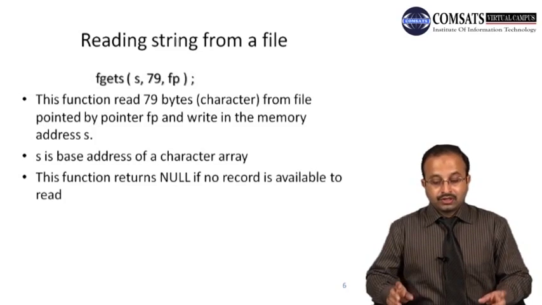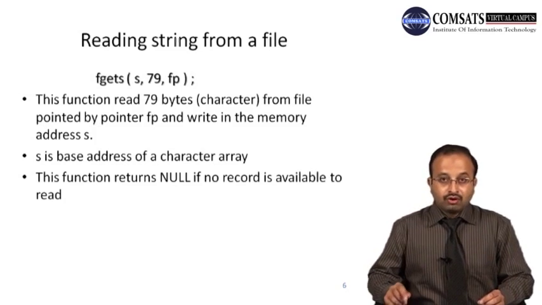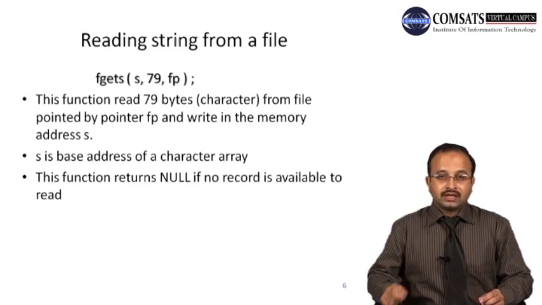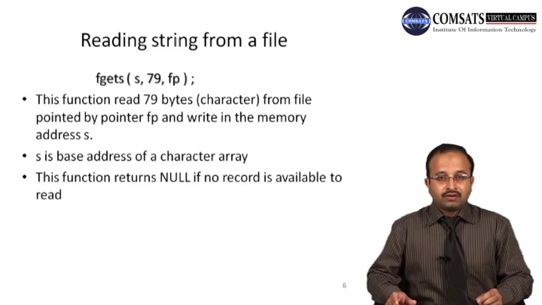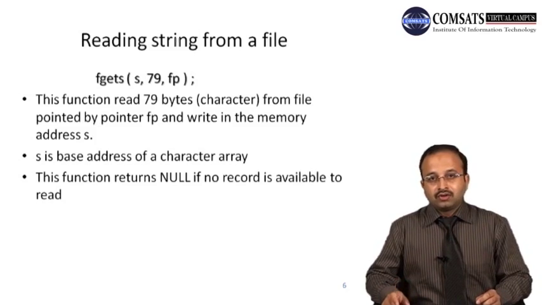So we can put this function in a while loop as a condition that fgets is not equal to null. जब तक ये null के बराबर नहीं हो जाता, that means first this function will be executed, and if the return value is null, then the null not equal to null condition becomes false, it comes outside the loop.